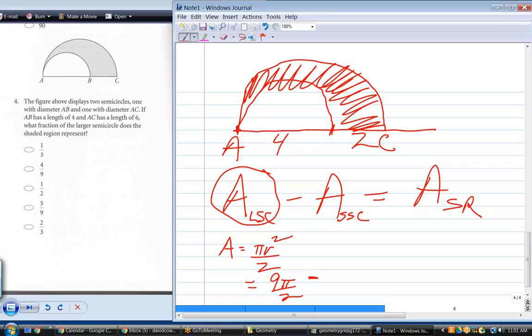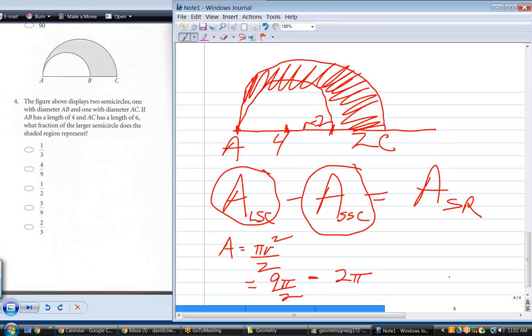That's the area of the circle, so it'd be 2 pi. Let's not get confused here. This radius is 2, so the area of the full circle would be 4 pi. But half of it is going to be 2 pi. So that is that.